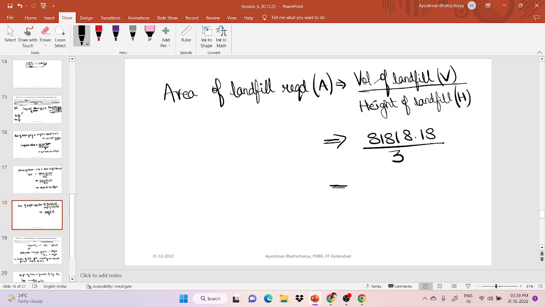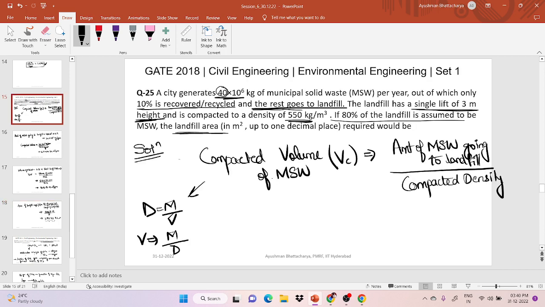If you divide it by 3, it will be 27272.72 meter square. So the answer will be 27272.72 meter square. So this was the solution.